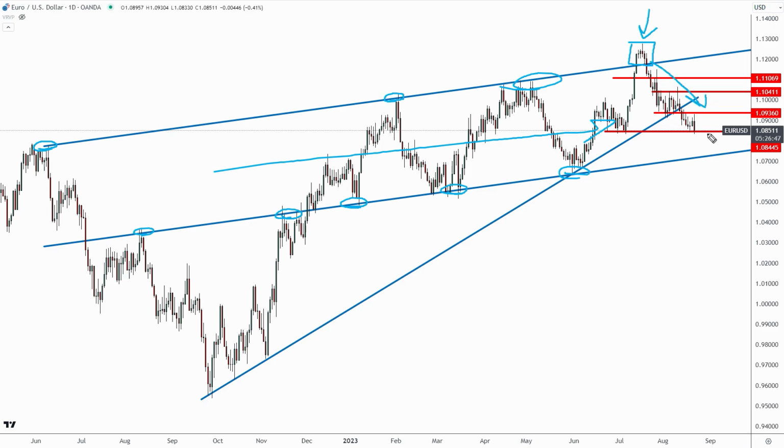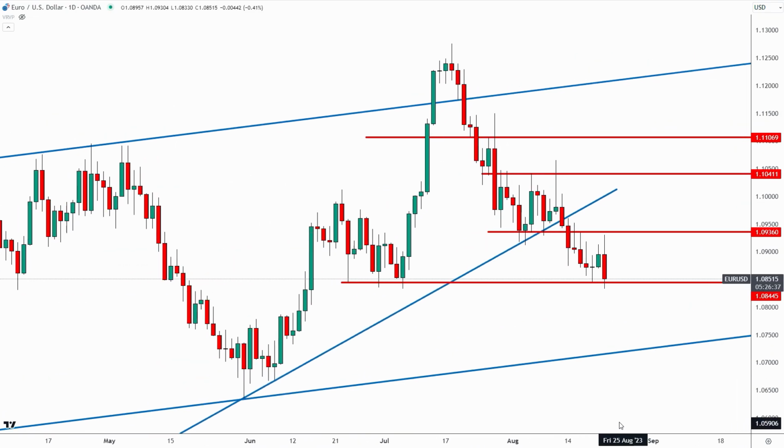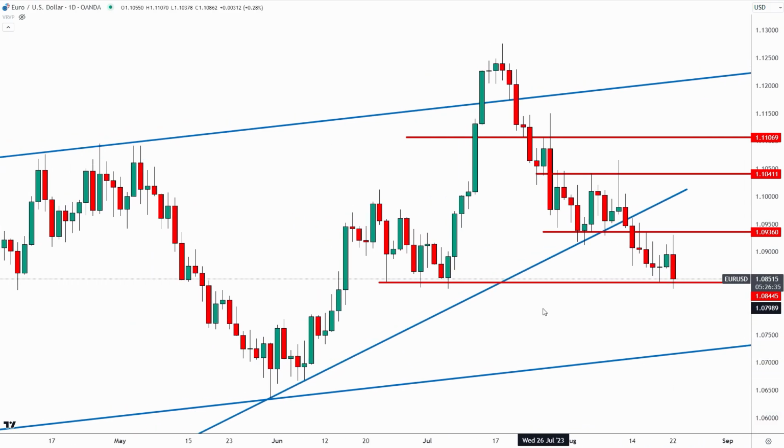And we have seen a nice trend develop from this area right around 1.12. Now, it did get kind of choppy. However, we are in the summer months, so that is pretty typical for the forex market and really just about any financial market.